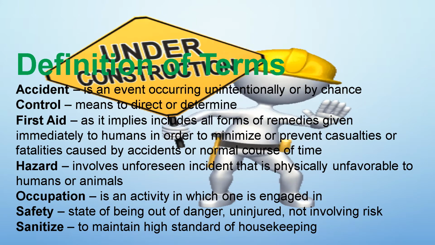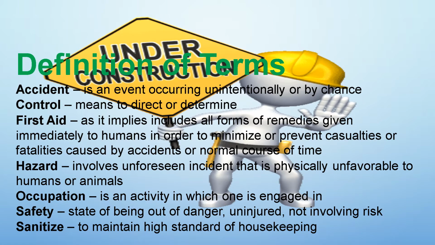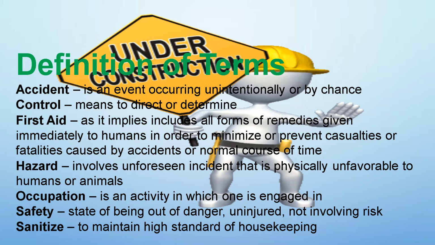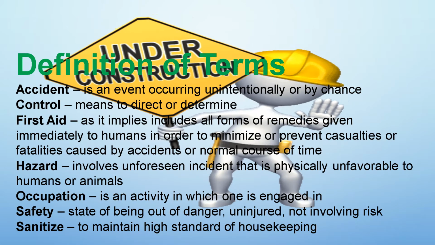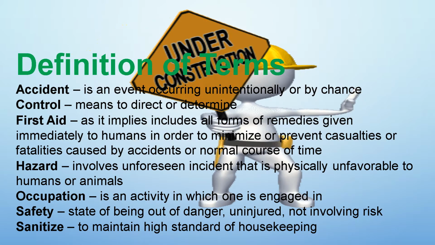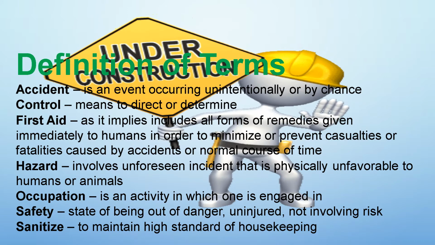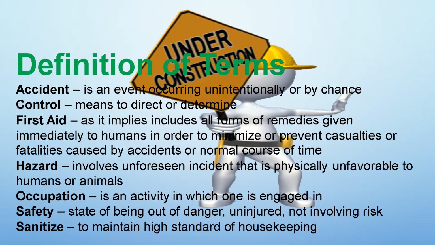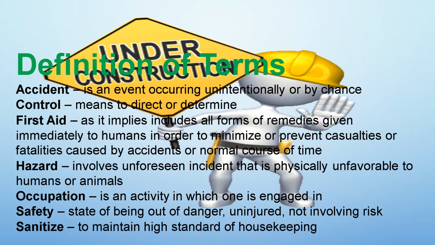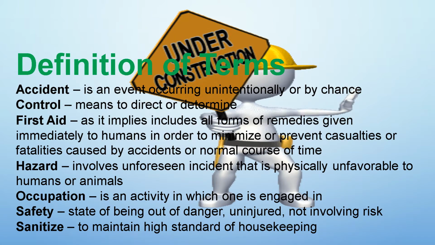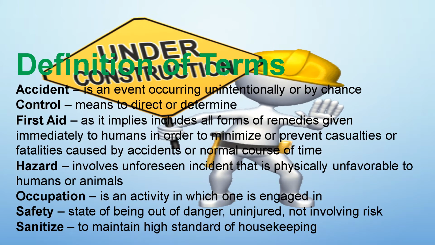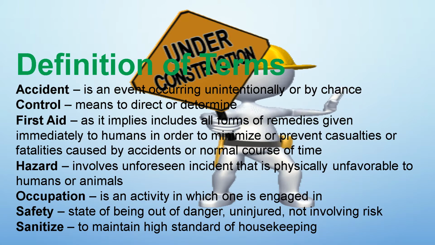Next, we have hazard. Involves unforeseen incident that is physically unfavorable to humans or animals. Occupation is an activity in which one is engaged in. Safety, state of being out of danger.